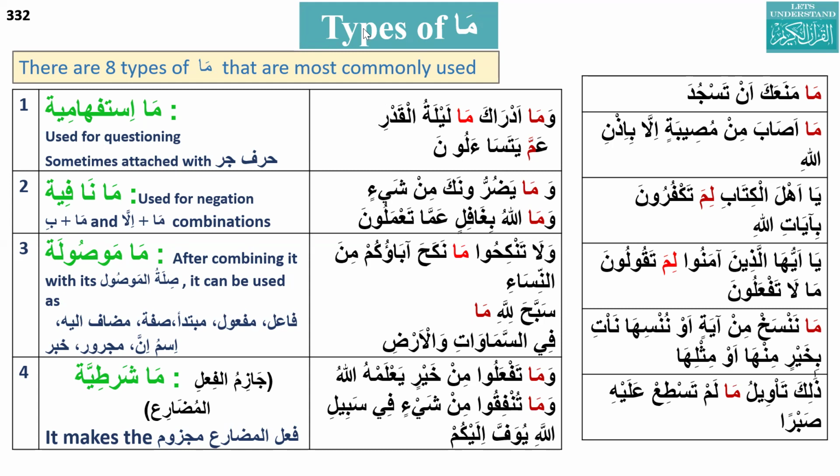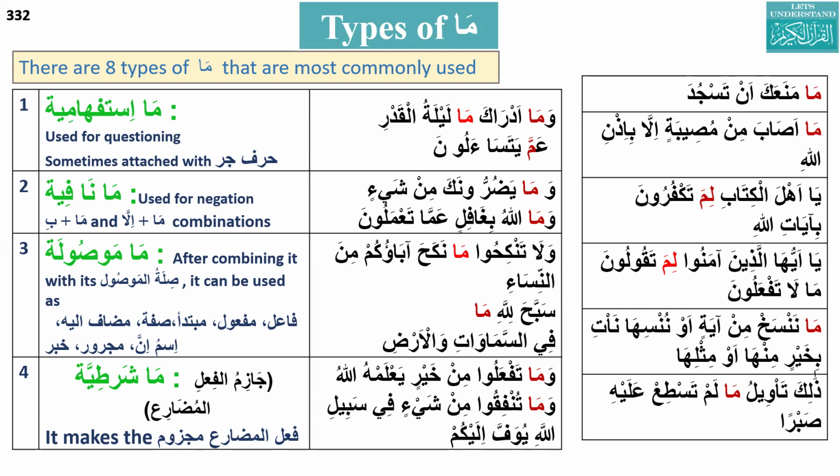So just to recap, there were 8 types of ma which we have included here in our course. First was ma istifhamiya, that is used to ask a question, and sometimes it is used with harf jar. Second is ma nafiya, used for negation, and it also comes in combination as ma illa, ma bi to make a strong negation.